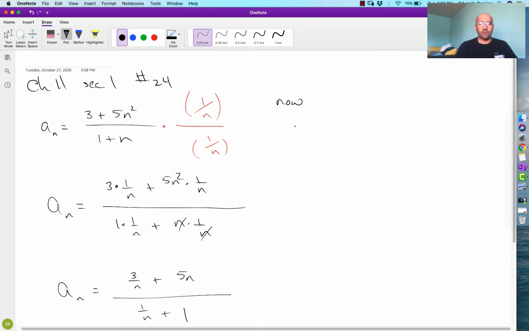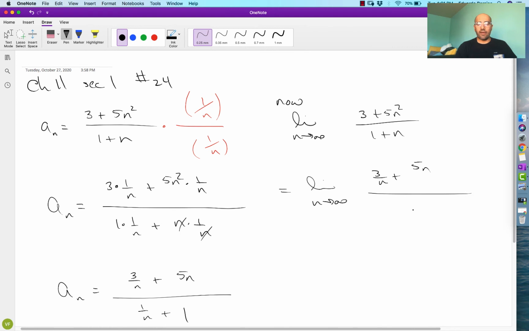Okay, so now the limit as n goes to infinity of 3 plus 5n squared all over 1 plus n is equal to the limit as n goes to infinity of 3 over n plus 5n divided by 1 over n plus 1.